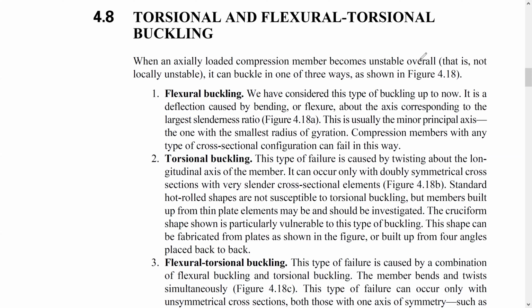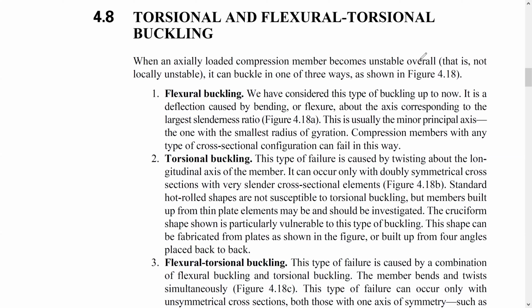The first way is flexure buckling, and all our study for this chapter was based on flexure buckling. (That is, all our study was based on the flexure buckling criteria.) The deflection for the compression member is caused by bending or flexure about the axis corresponding to the one with the largest slenderness ratio.